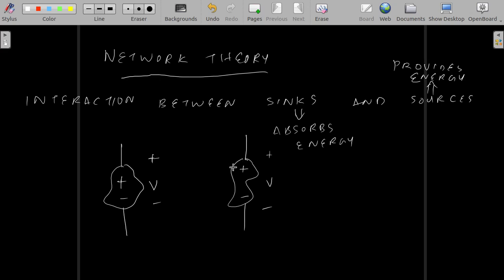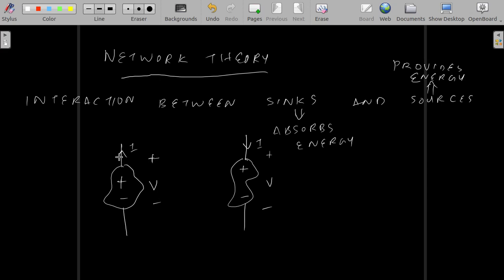When we talk about a source and a sink, one major difference is the current I. For a source, the current behaves in a different way relative to the potential than for a sink.